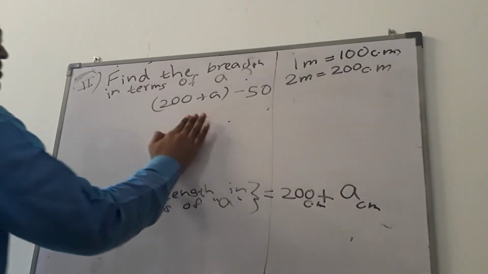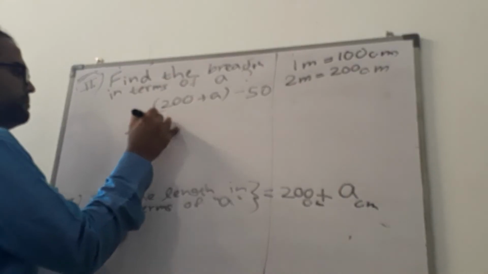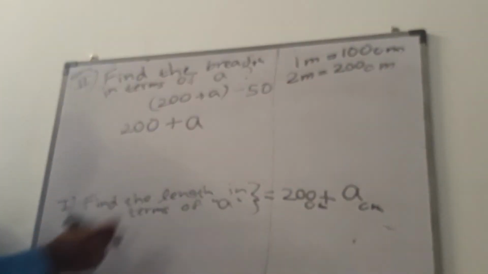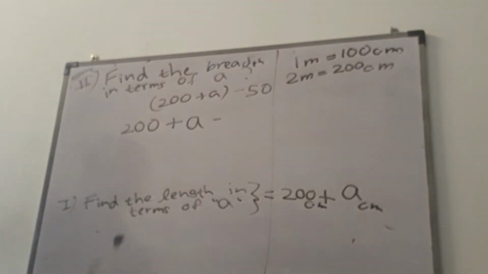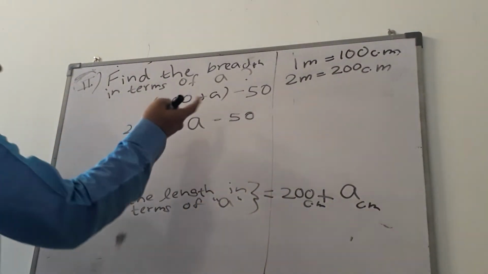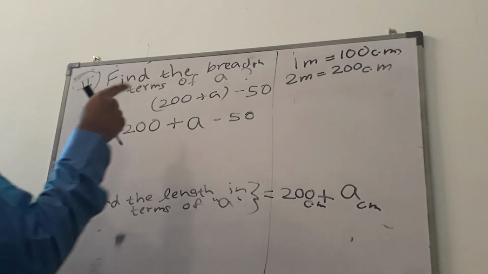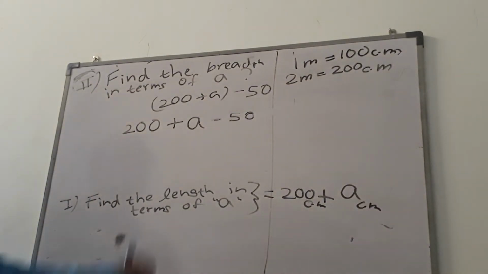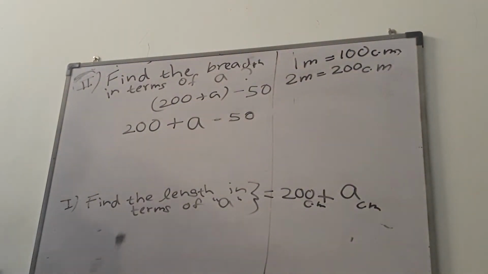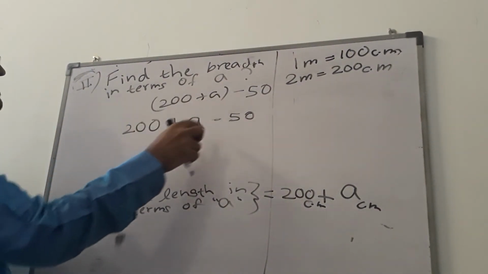So when we do the calculation, we write 200 plus A in brackets. There is no number in front of or after the brackets, only a minus mark and 50, so there is no need to multiply the brackets.